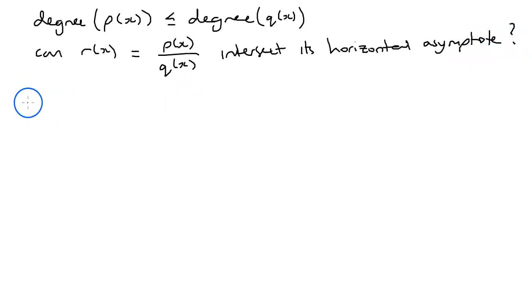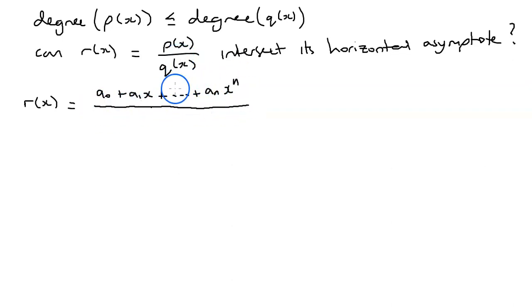And we can check it out pretty quickly by writing r of x is equal to, so p of x can be a0 plus a1x all the way up to an x to the power of n, and q of x can be b0 plus b1x all the way up to bn x to the power of n. And we know that in this case the horizontal asymptote is going to be an divided by bn.